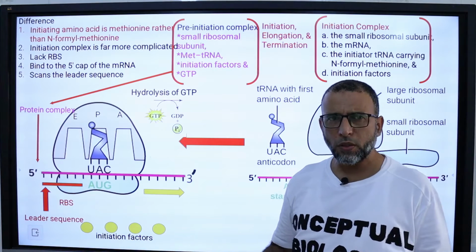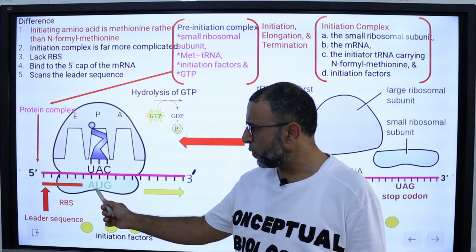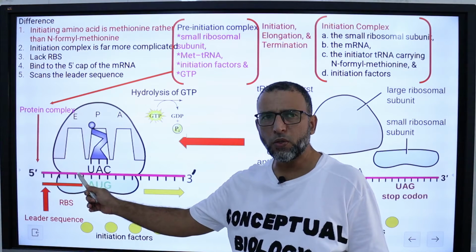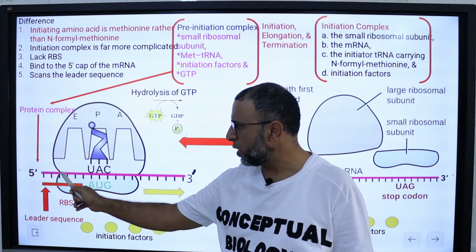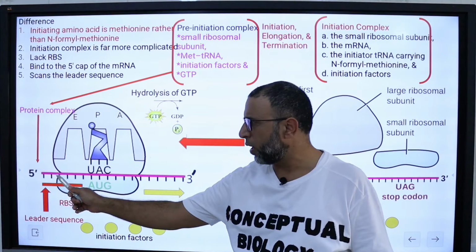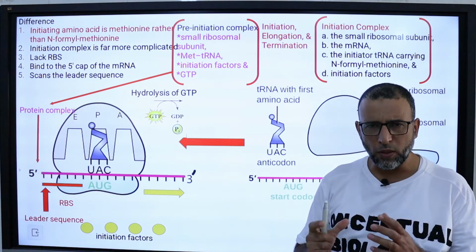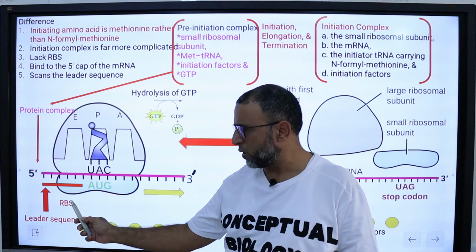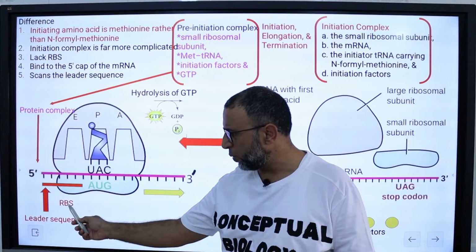In prokaryotes, the small ribosomal subunit is positioned correctly on messenger RNA due to a conserved sequence in the 5' end of the mRNA molecule, and this conserved sequence is called the ribosome-binding sequence, abbreviated as RBS.